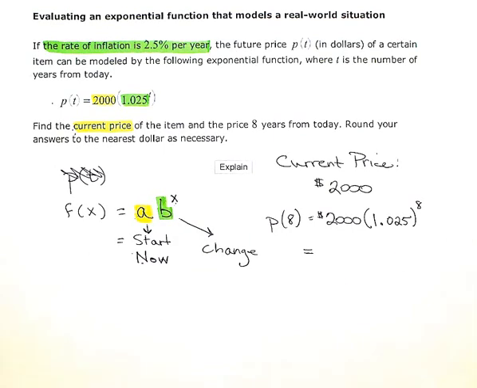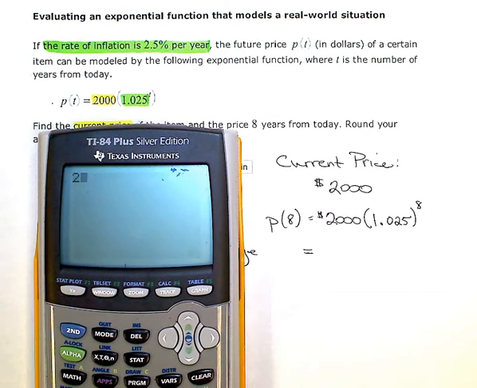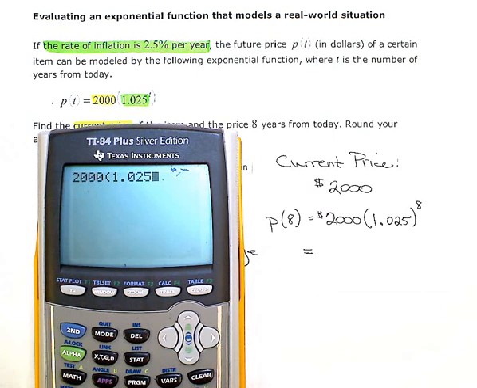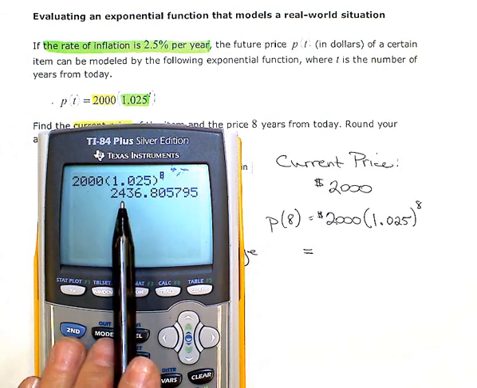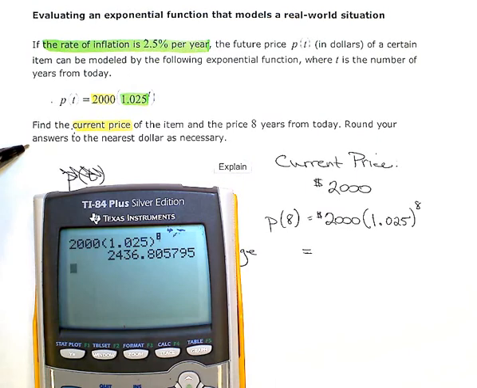So now we're just going to type that into our calculator and evaluate it. Okay, and get our value. So 2,000 times 1.025 raised to the 8th power is going to give us 2,436, and they asked us to, let's see, round our answer to the nearest dollar.